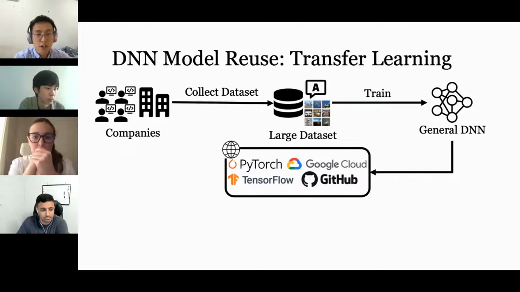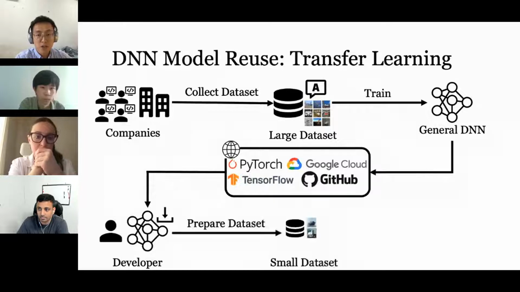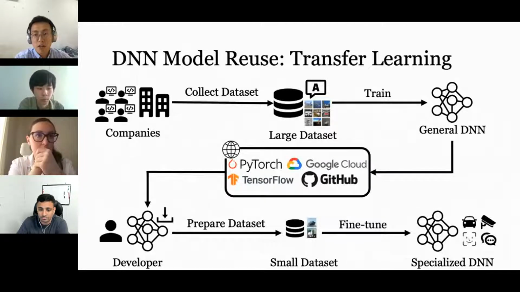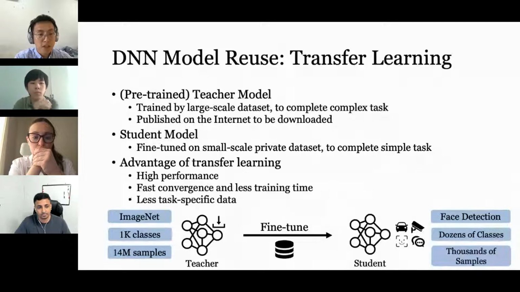An individual developer can download this model, prepare a small-scale dataset, and fine-tune the model. Then the final model is a specialized DNN that only performs certain tasks. In transfer learning, the general DNN is often called the teacher model, and the specialized DNN is the student model. The student model trained via transfer learning has high performance, fast convergence speed, and needs less training data.